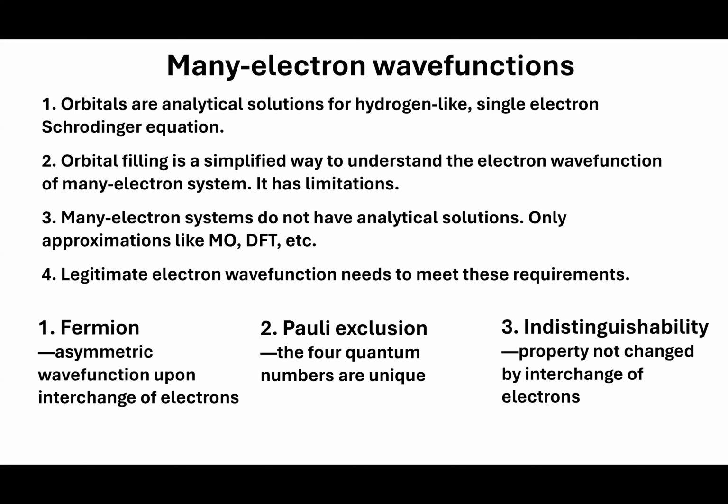That's the minimum requirement for them to be a possible legitimate wave function for many-electron systems. Those three laws are the pillars. One thing is that the electron is a fermion. What that means is the wave function is antisymmetric with regard to interchange of electrons.